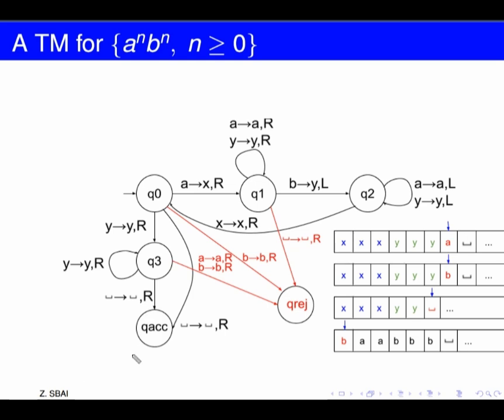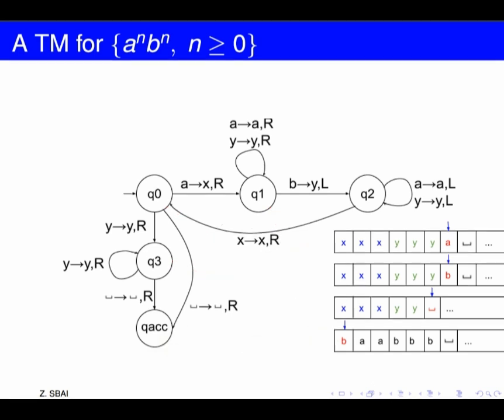Also, from Q accept and Q reject, we will not have any arcs going out from these states, because if the machine reaches one of these states, it will halt directly, it will stop the computation. It will have its decision if it accepted or rejected the input.